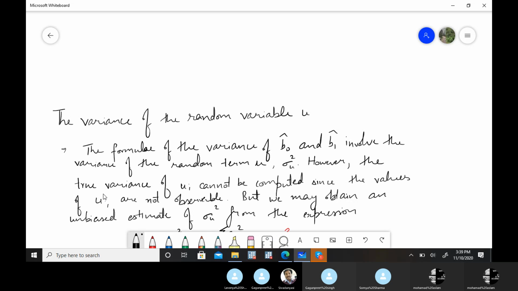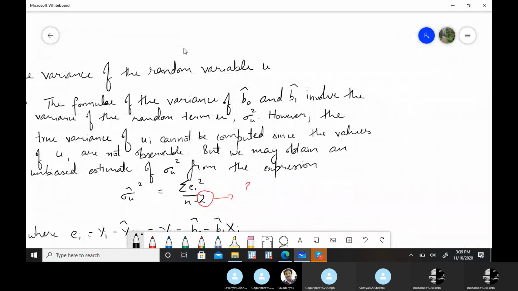Let me explain it again. What I'm talking about is the variance of the residual. We have this data of y and x, the variables.